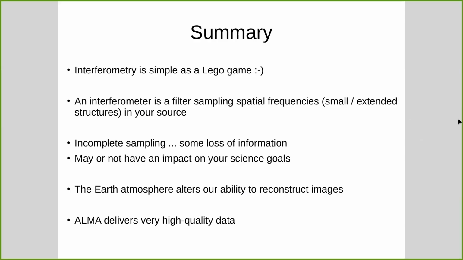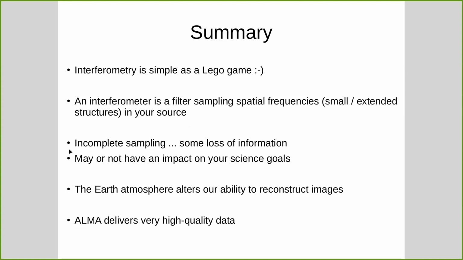So just in summary, interferometry is actually very simple. It's as simple as a Lego game, as I showed you. But what is important is that the interferometer is a filter and is only sampling a few special frequencies. So you have a trade-off between the small and extended structures of your source.